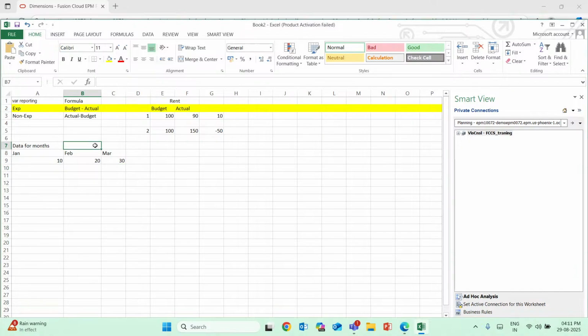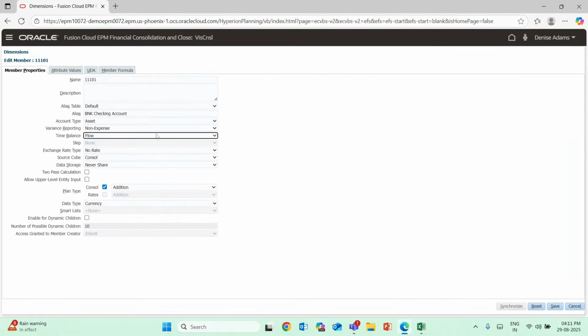This is useful when specific types of amounts are required, with a unique aggregation method, such as adding balances for assets or average balances for some of the metrics. The first one here is flow.